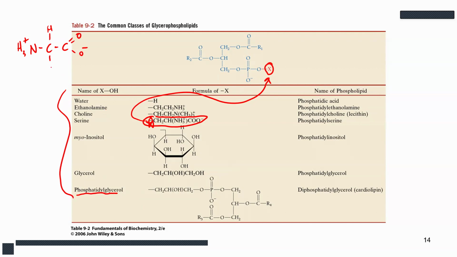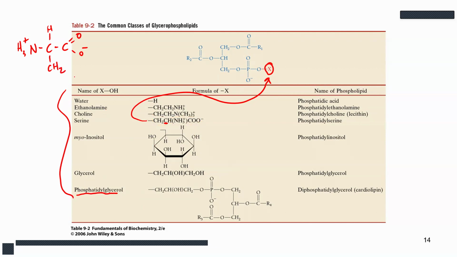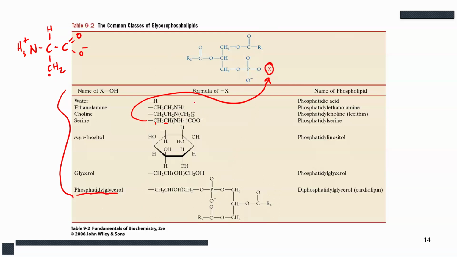Then we've got CH, because this right here, I'm underlining your alpha carbon, CH2, and now I'm putting a dot under that carbon, and that is this carbon. Because again, with serine, we've got an OH there. Well, what's replaced that OH is this whole thing. So I want you to be able to translate from the structures that you know to something like this.